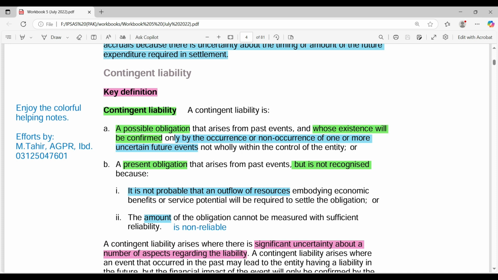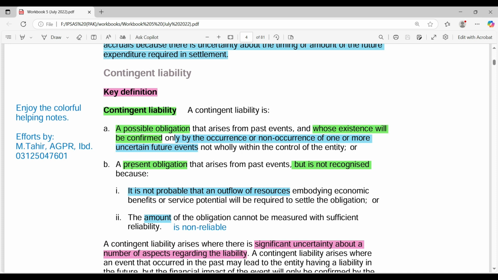The occurrence or non-occurrence of an event in the future will decide whether it is a contingent liability or not. The occurrence of these events is not within the control of the entity.